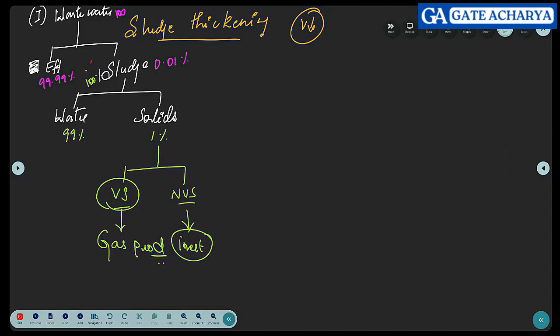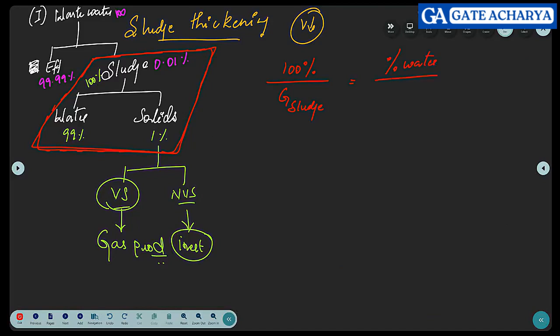Listen, அப்புறம் எழுதிக்கலாம். இத மட்டும் எடுத்துட்டோம் அப்படின்னா, 100 by specific gravity of sludge is equal to percentage of water by specific gravity of water plus percentage of solids divided by specific gravity of solids.